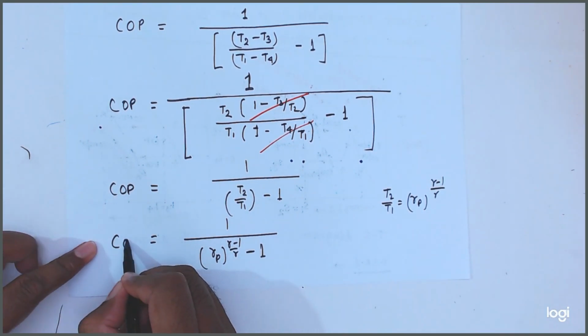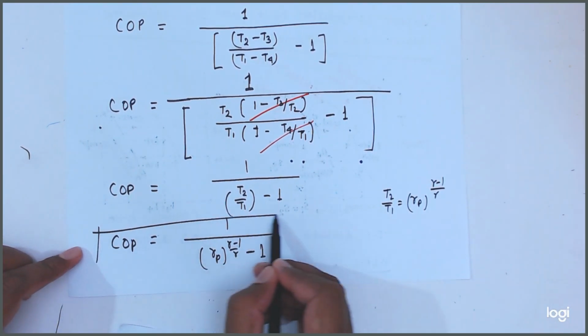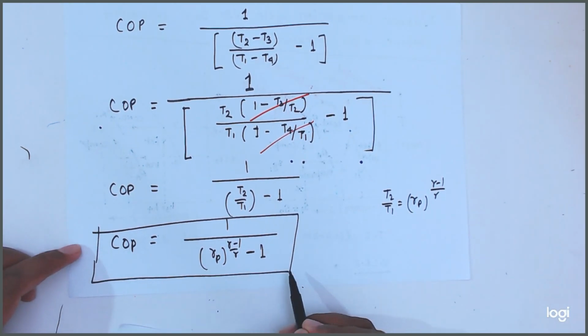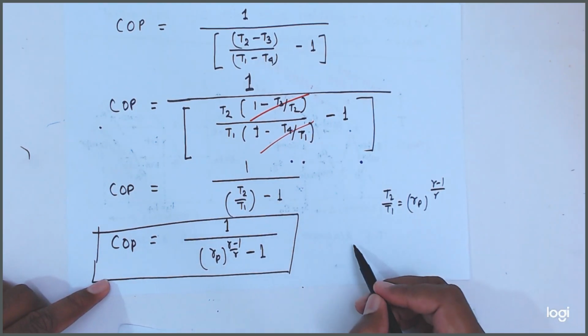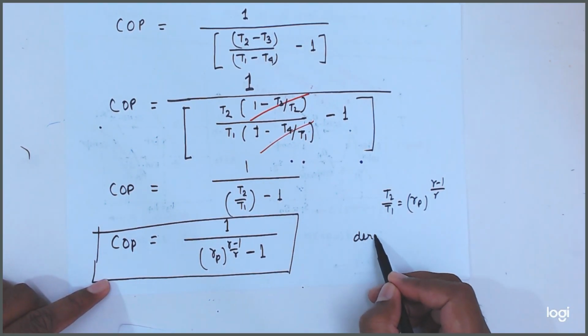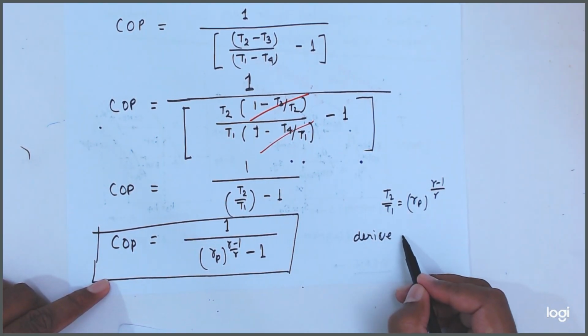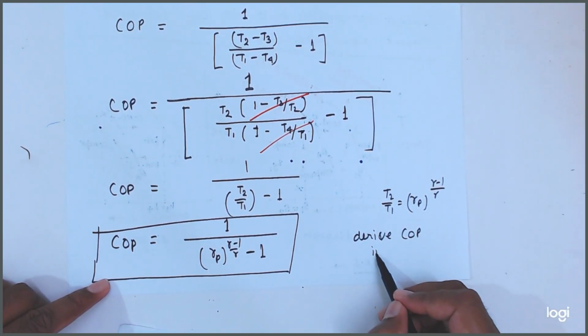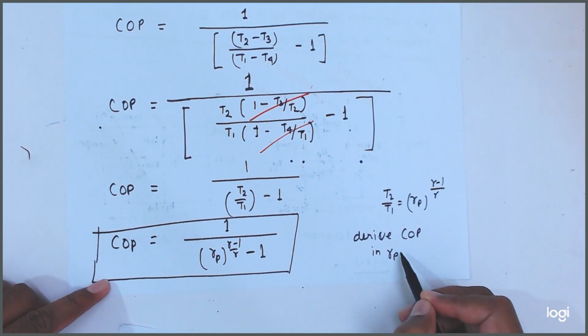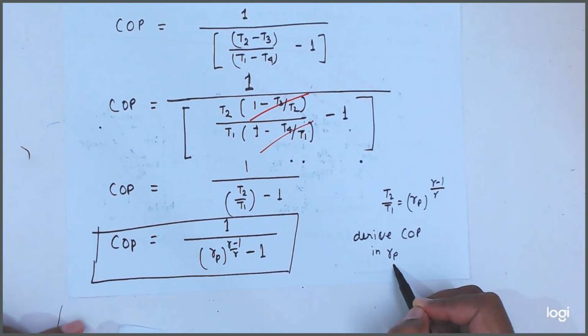This is the COP. Okay, we have to derive COP in terms of Rp. So the question is: derive COP of air refrigeration cycle in terms of pressure ratio Rp.